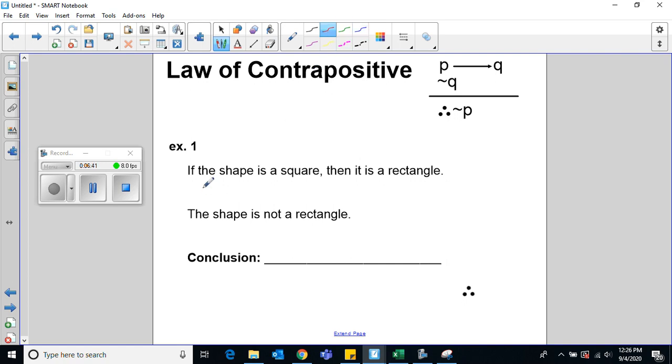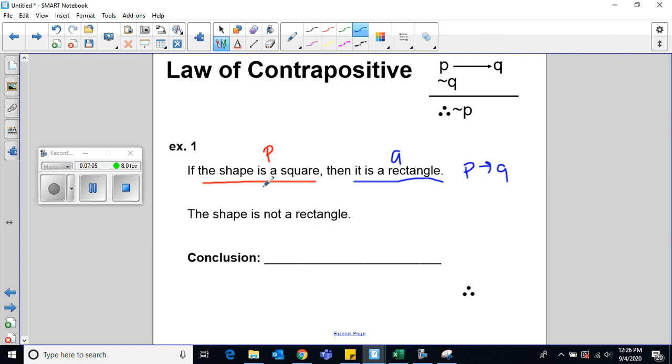So the shape is a square is your P. Then it is a rectangle is your Q. And again, remember, everything is going to start: if P, then Q. Okay, so let's read the second part. The shape is not a rectangle.